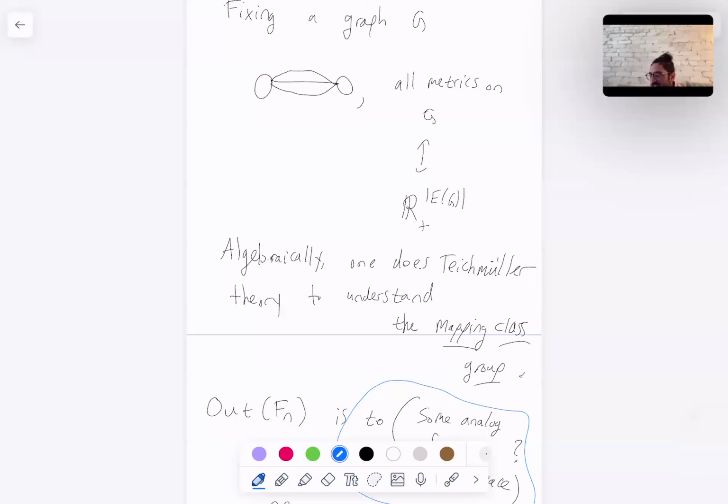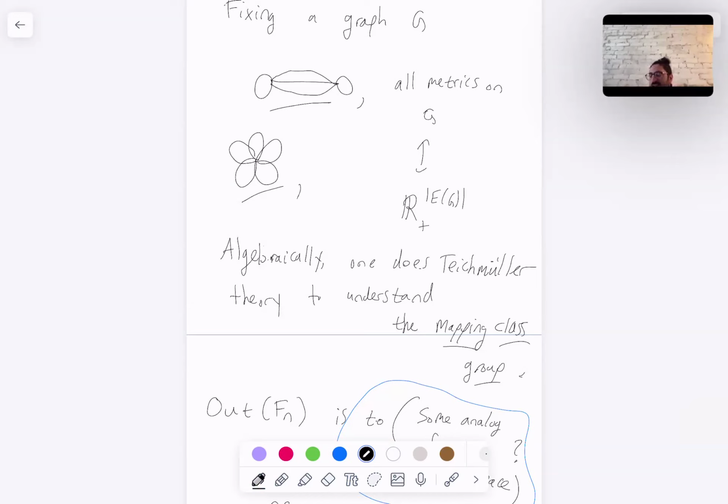The idea for outer space is you have, for a given rank, as we discussed in the first part of this talk, only a finite number of different graphs of that rank, right? Like maybe there's this one, there's a few other kinds.